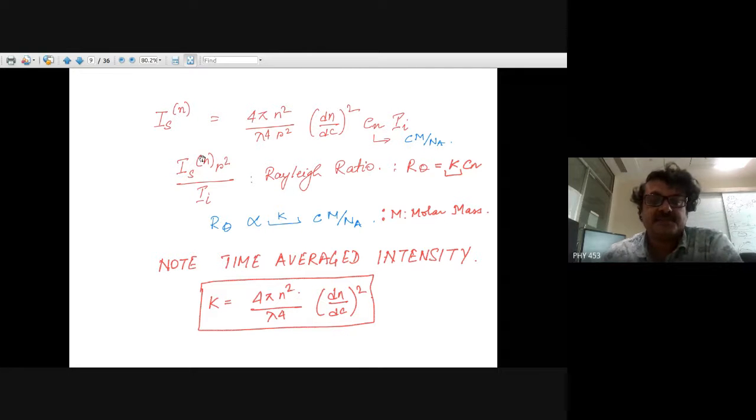And you can calculate the scattered intensity by the incident intensity and normalize it by the r square, right?